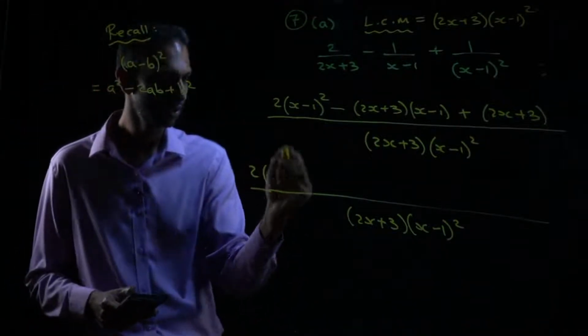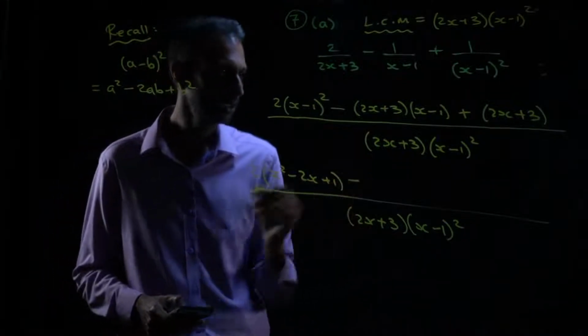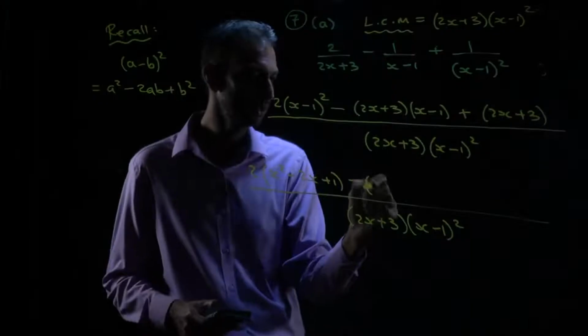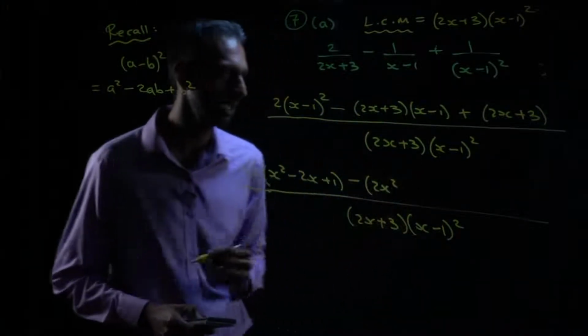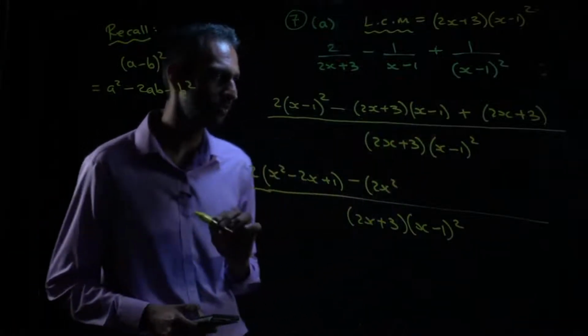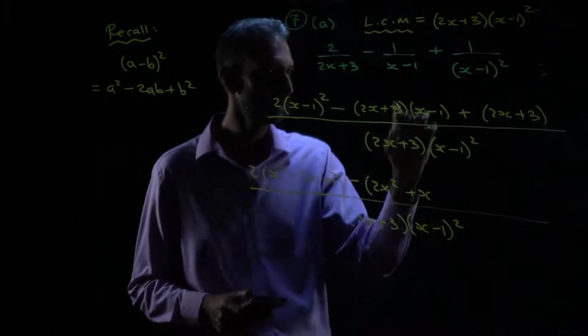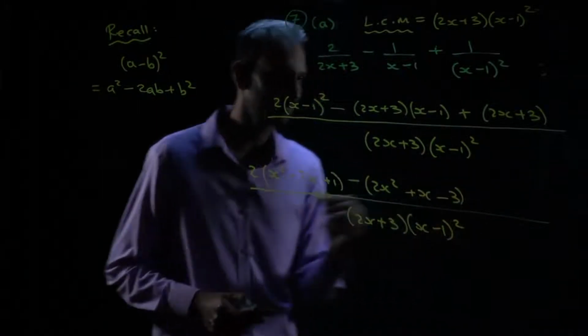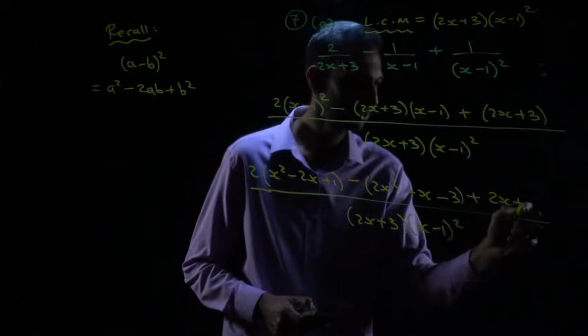So 2x squared minus 2x plus 1 minus, I'll put it in bracket because of the minus in front, 2x times x is 2x squared, 2x times 1 is minus 2x, 3 times x is 3x, so if we add them, we'll get plus x. 3 times minus 1 is minus 3, plus 2x plus 3.